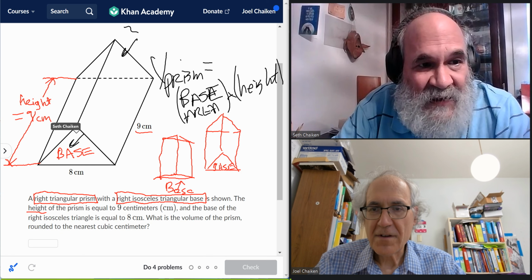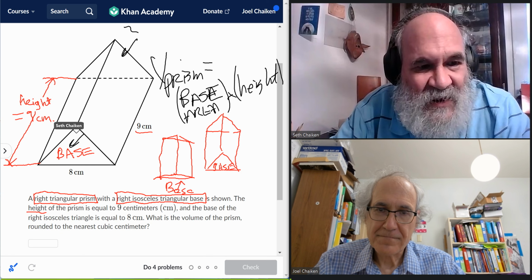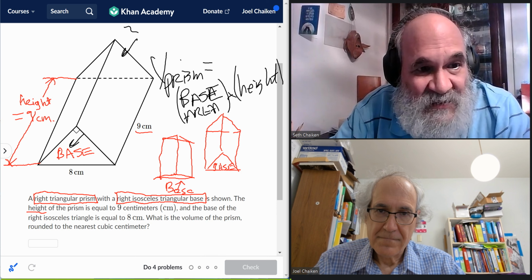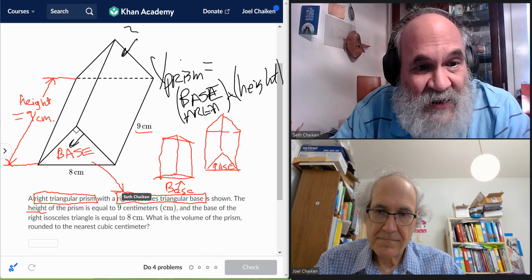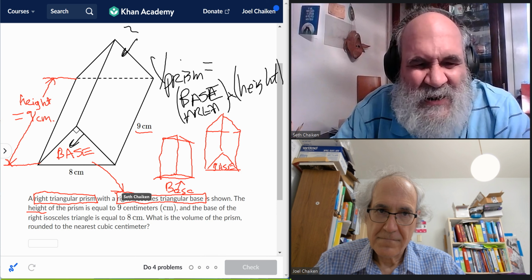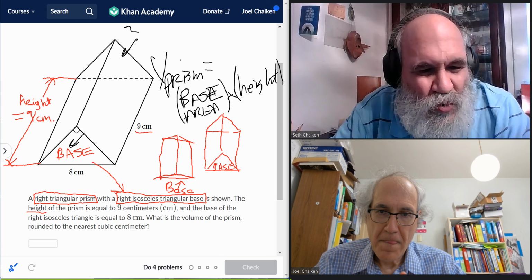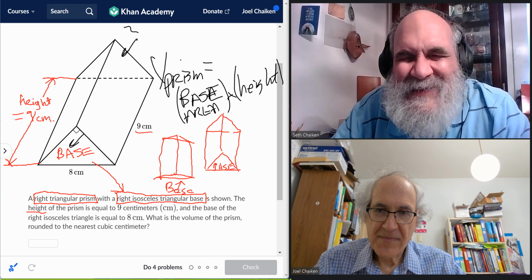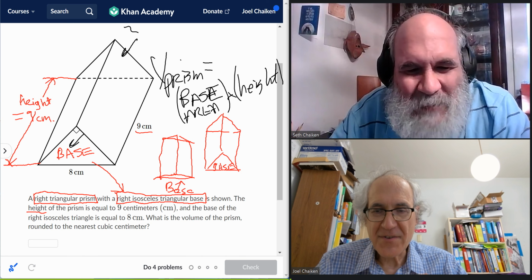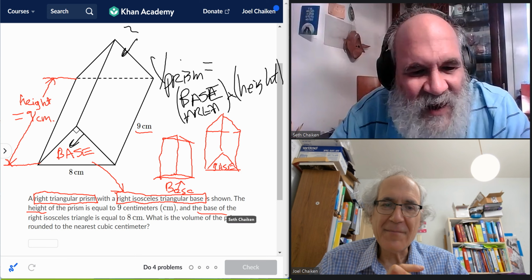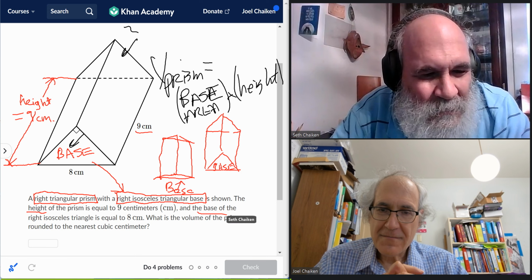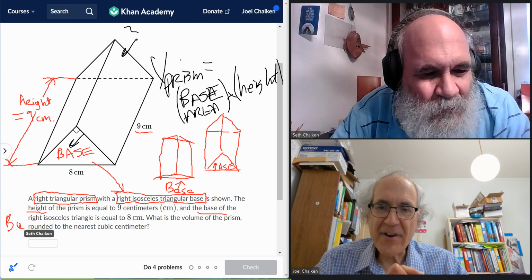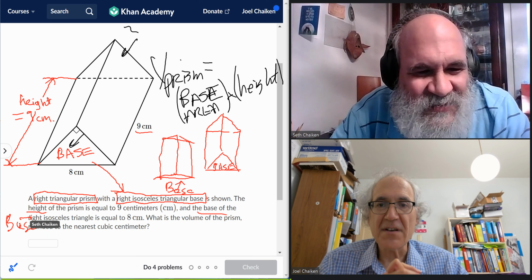And the base is said to be a right isosceles triangle. Yes. And then they have the base of the base. That's right. The base of the base. It's very potentially confusing.